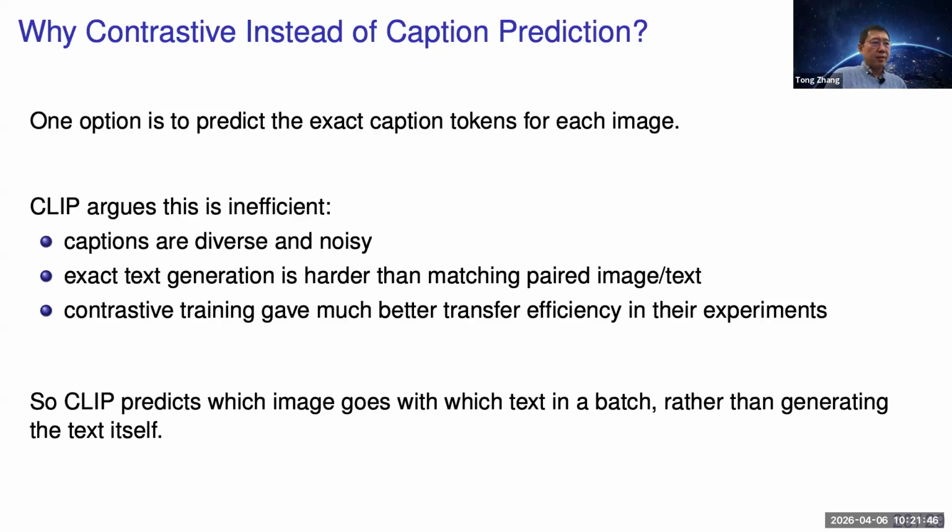But at that time, CLIP was good. So it's a simpler problem, using an image encoder rather than text generation.